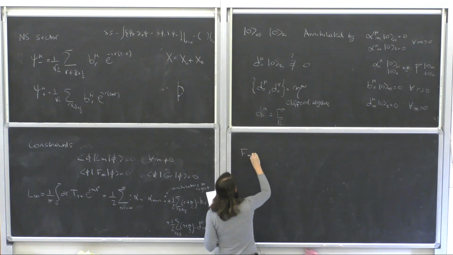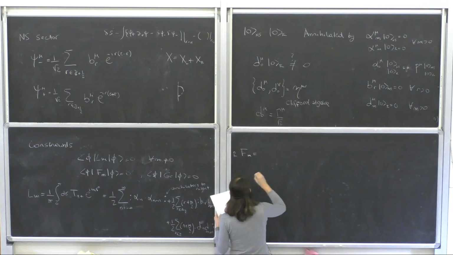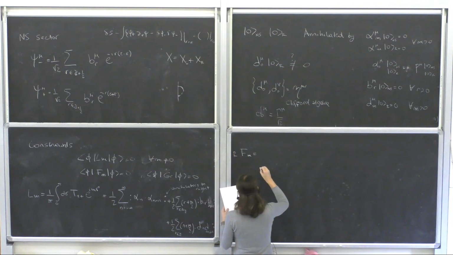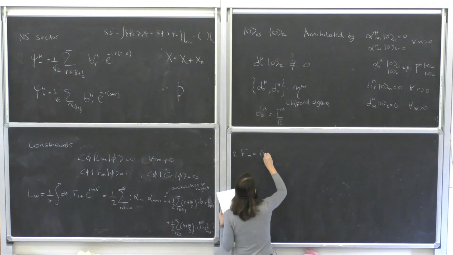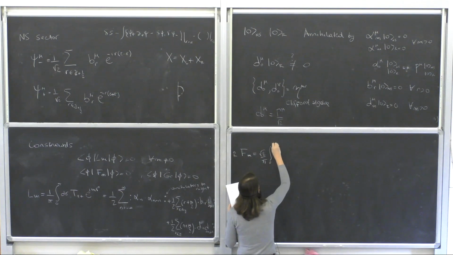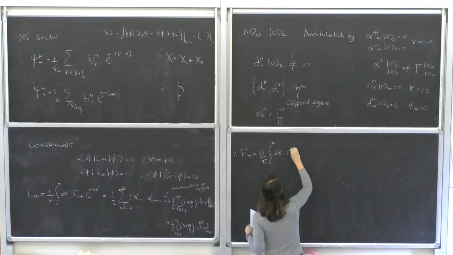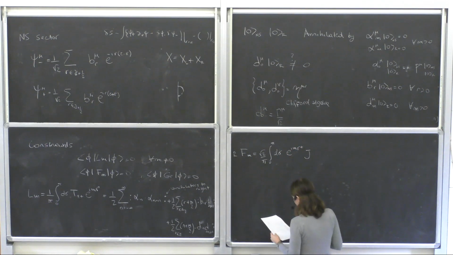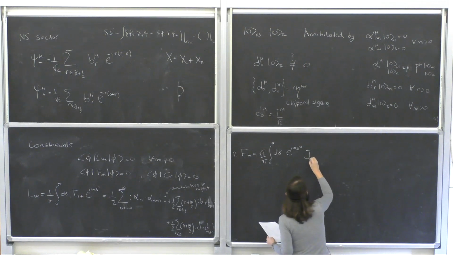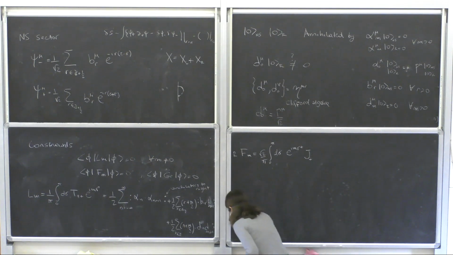So in the NS sector, in the Ramond sector, these modes are F_m, and for some reason these are the good factors to have the thing simpler. So e to the i m sigma plus, so I have to integrate this current, that had two indices, one white and one pink.